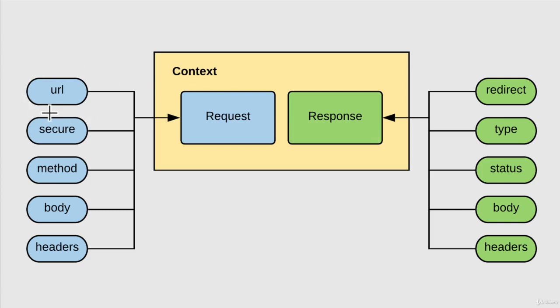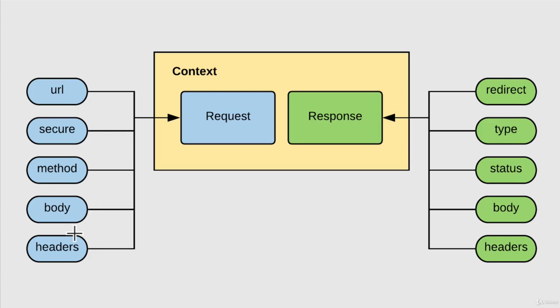Some of the data that the request includes methods for are the URL that is being requested, secure, which returns whether the request was being made over HTTPS or not, whether it's encrypted, the method, which is usually one of get, put, post, and delete, and the body, which is the parsed body of a request coming into our API.